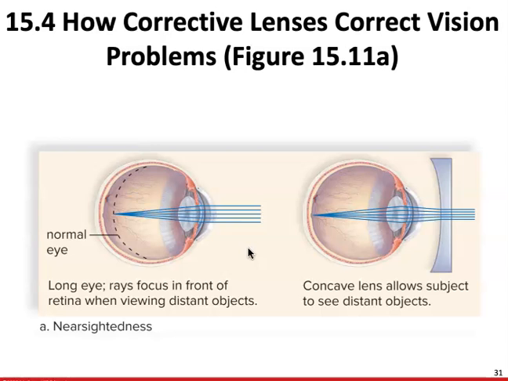The eye is going to be elongated and the distance objects are brought into focus in front of the retina. So you're going to actually use a corrective lens to readjust that light and focus it into the correct spot on your retina. To see distance objects, we can wear concave lenses, which help spread the light rays so that the image focuses correctly on your eye.